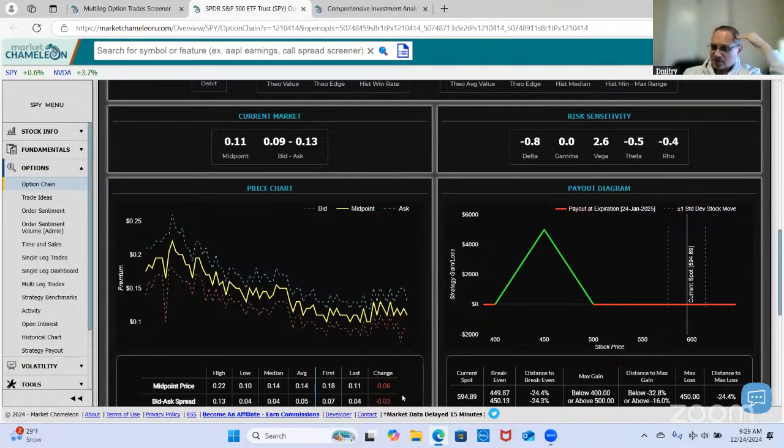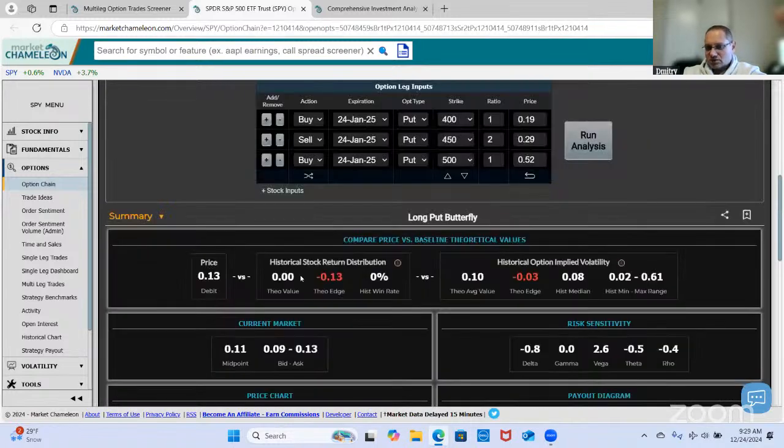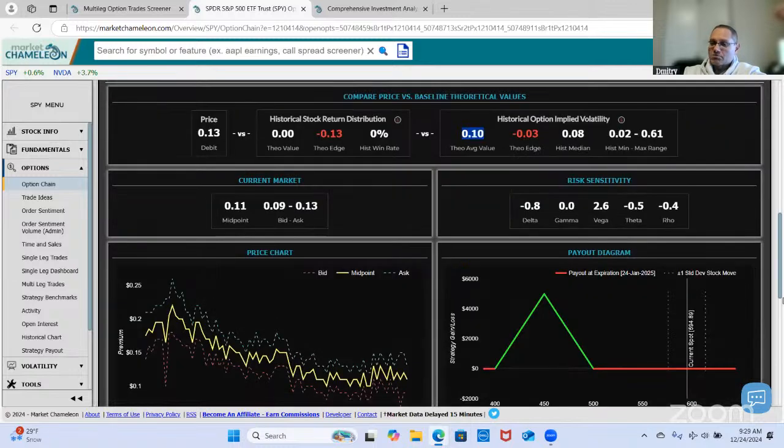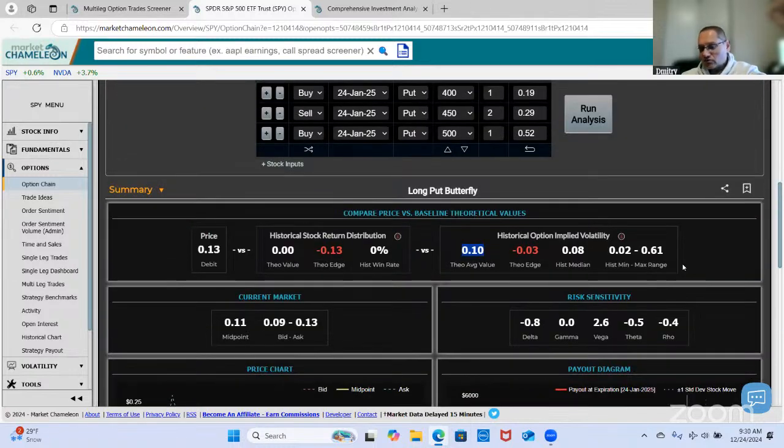And now we've got a good picture of what traded, what the potential outlook was given this trade, how the trade looked throughout the day, what the bid and offer range was, what we think it was worth based on historical stock behavior, and what we think it was worth based on historical implied volatility levels in similar options.